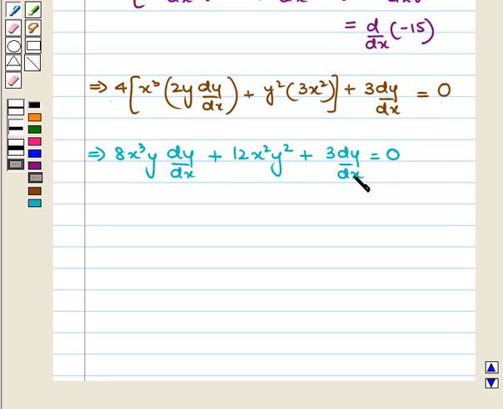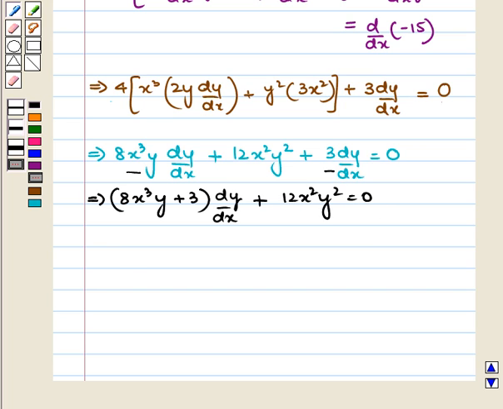Now on collecting all the terms of dy by dx, we get 8x cube y plus 3, the whole into dy by dx, plus 12x square y square is equal to 0.